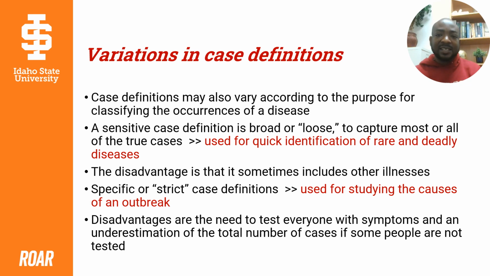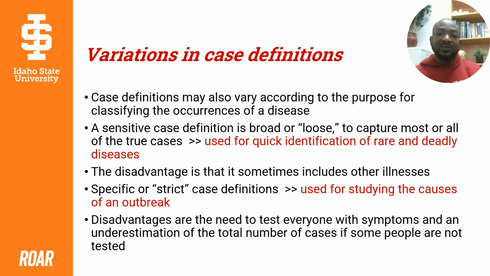On the other hand, an investigator studying the causes of a disease outbreak usually wants to be certain that any person included in a study really had the disease. So that investigator will prefer a specific or strict case definition.